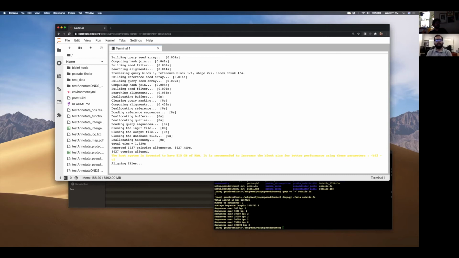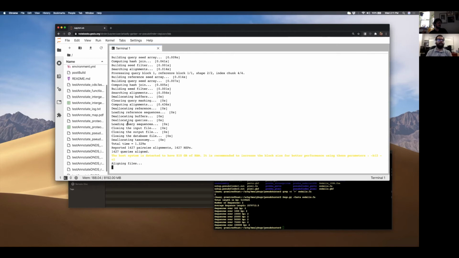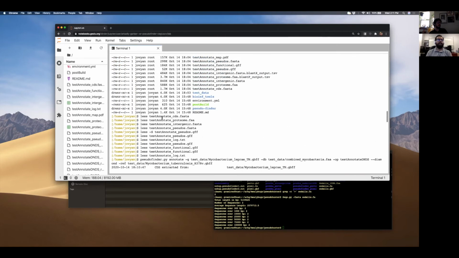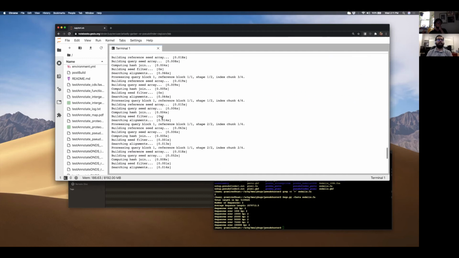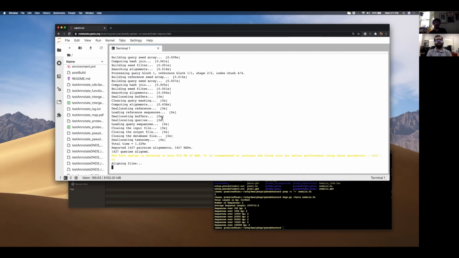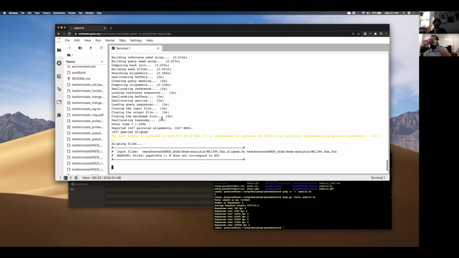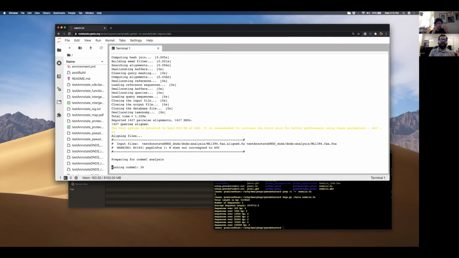The output from this is going to be really similar to the output we've seen from the previous run, except we're going to see an additional directory that's outputted, and we're going to see a few more pseudogenes predicted based on the fact that some of the genes in Mycobacterium leprae appear to be highly divergent relative to Mycobacterium tuberculosis.